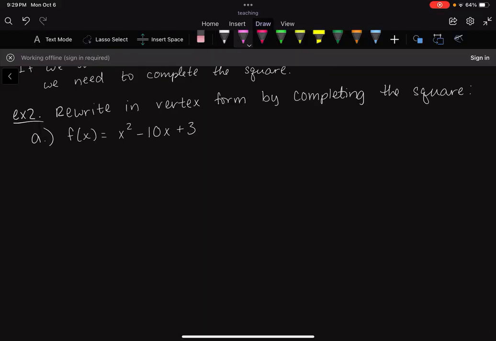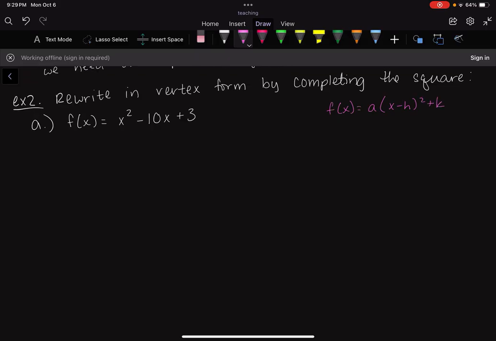So first I want to remind you of the form we're trying to get to. We're trying to make this look like f of x equals a(x minus h) squared plus k. We're not guaranteed to have an a value, but if we're supposed to have one, we would have one.